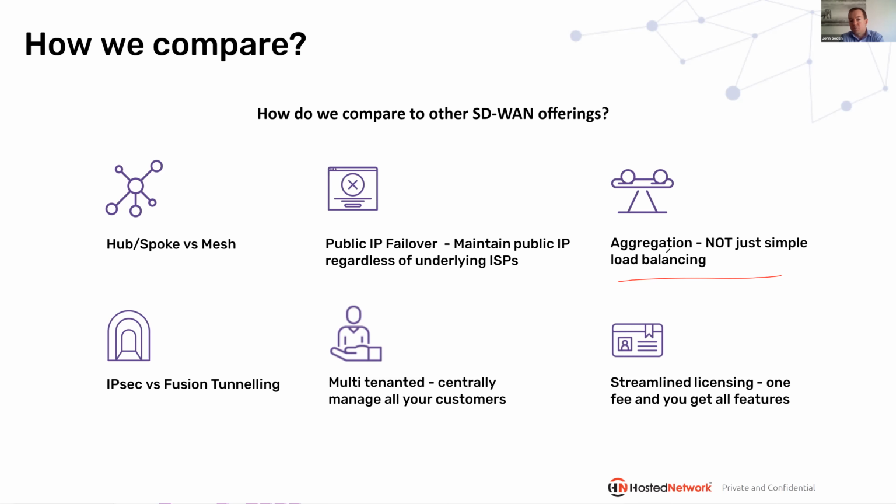So what the difference is with aggregation is that we do what's called per packet aggregation. So we look at all the tiny little individual fragments, and then we push them up both links simultaneously. Now, I'll give you an example, and that is that if you're looking at a service which is a router, someone is selling you a box that can do aggregation or whatever they say it can do.